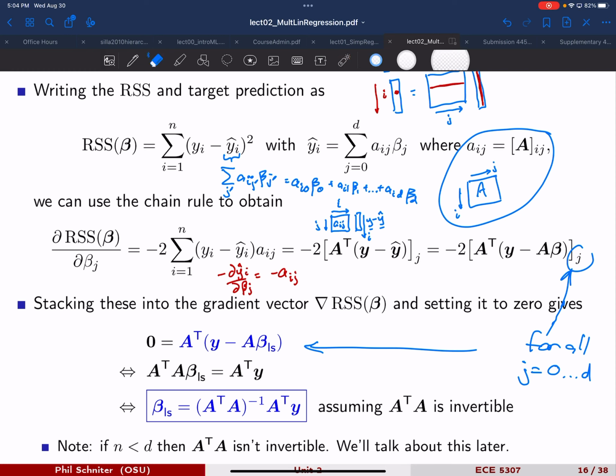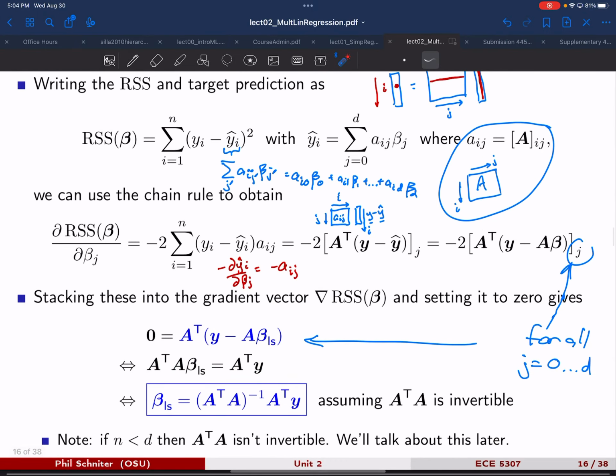So it doesn't make sense to write this down because this thing does not actually exist. We're going to talk about that situation later. It's not very common. In machine learning, you typically have many more data points than you do features. But it does happen once in a while, and we will see it on some of our labs. So it is important to talk about. We'll talk about it later.